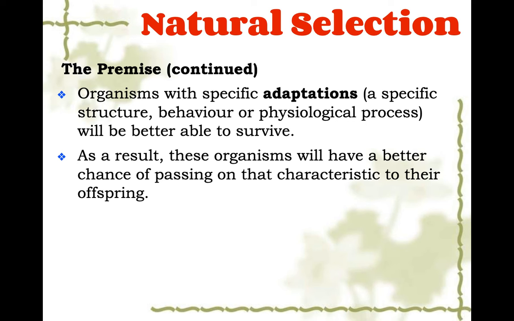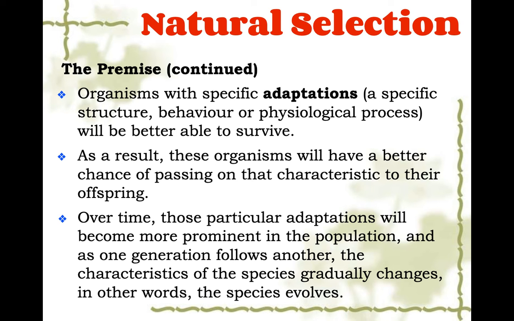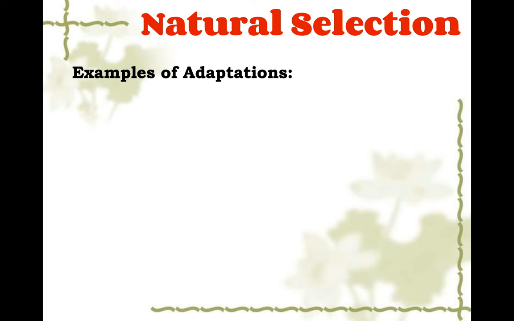And so as a result, those organisms will have a better chance of passing on that characteristic to their offspring. So over time, those particular adaptations will become more prominent in the population. And as one generation follows another, the characteristics of the species gradually change, or in other words, the species evolves. So we're going to look at that a bit more.